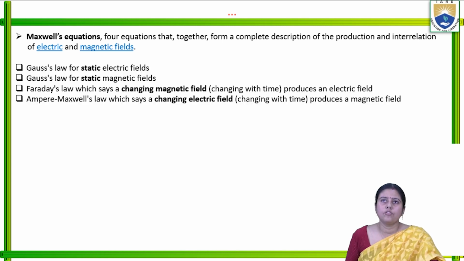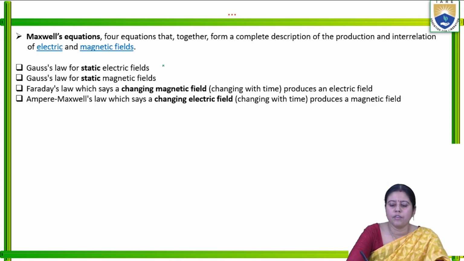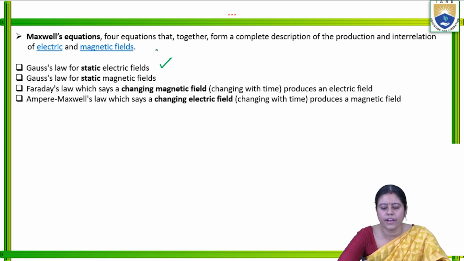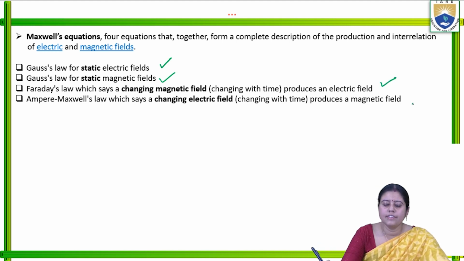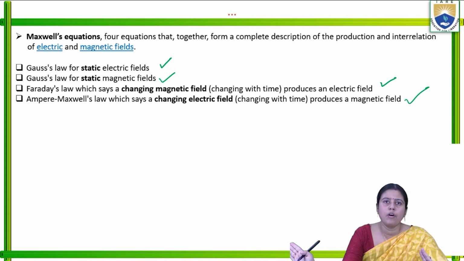As I told, the first one is the modified Gauss law for the static electric field. The second one is the Gauss law for the static magnetic field. Third is Faraday's law about the time varying magnetic field, and the fourth, Ampere-Maxwell's law, is about the time varying electric field.